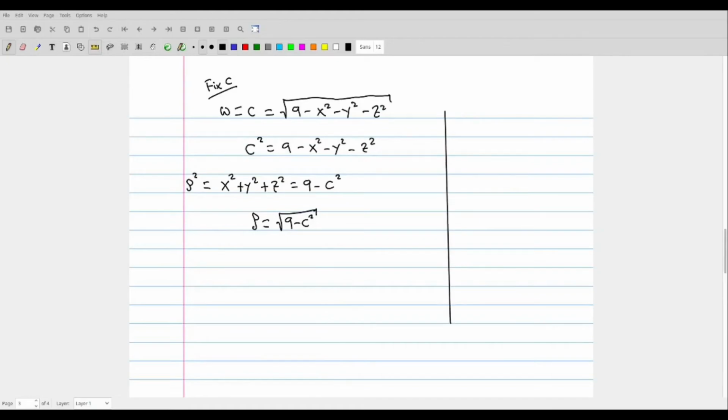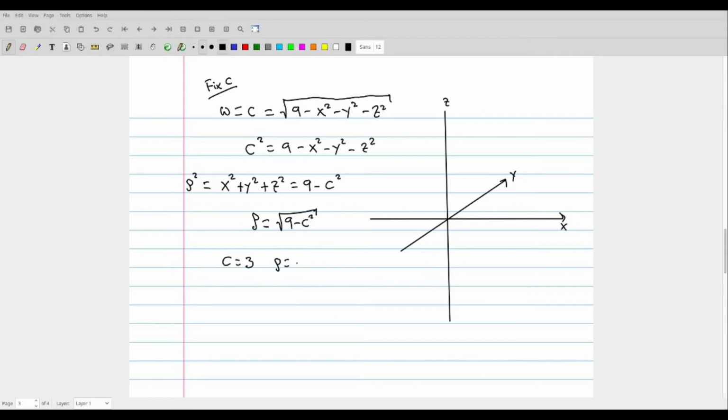So sure enough, when we go through and plot this out for different values of c, for argument's sake, we'll take c equal to a couple of different values. We'll take c equal to first just the maximum value, c is equal to 3, the largest value in the range.